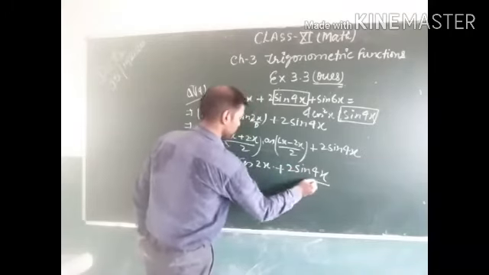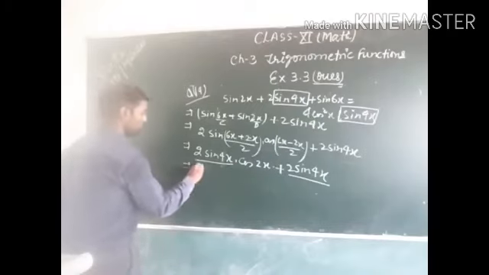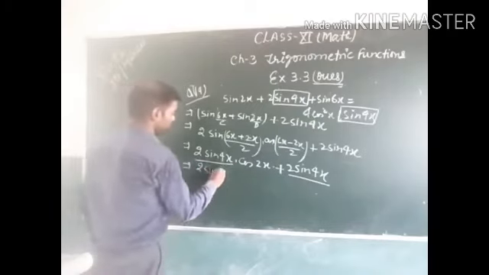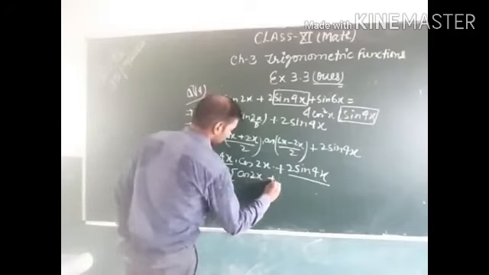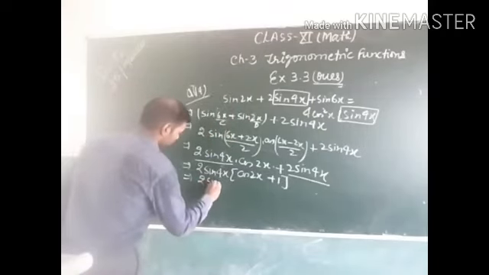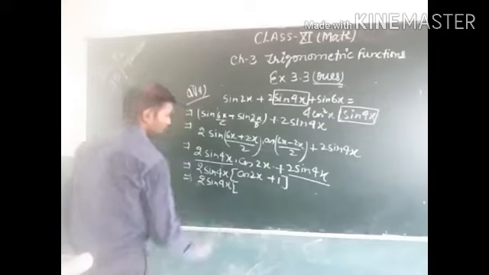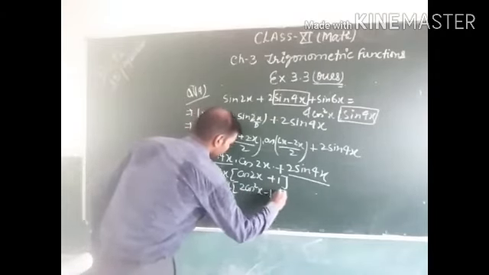Now this is 2 sin 4x and this is also 2 sin 4x. It means 2 sin 4x is common, and in the bracket cos 2x plus 1. We know the value of cos 2x is equal to 2 cos square x minus 1, plus 1.